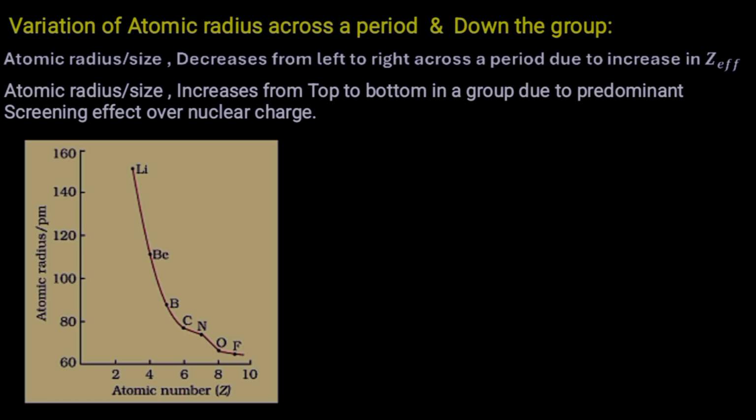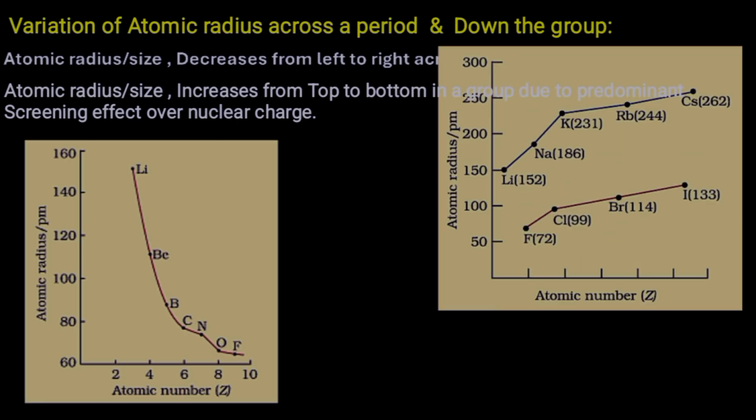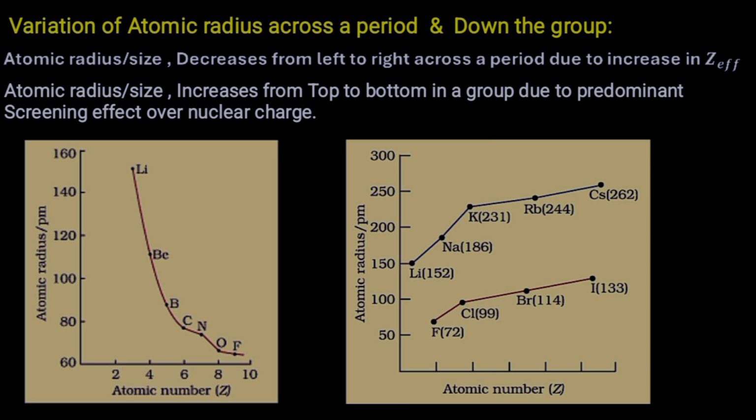It keeps on decreasing up to fluorine. Another picture, if you see, lithium to cesium in group A, alkali metals, and halogens also, from fluorine to iodine. This picture indicates that size is increasing from top to bottom in a group, as the atomic radius versus atomic number graphical representations are experimentally given. Okay.